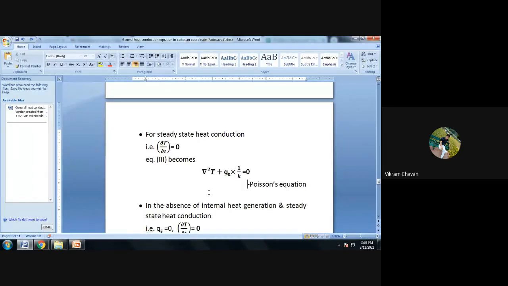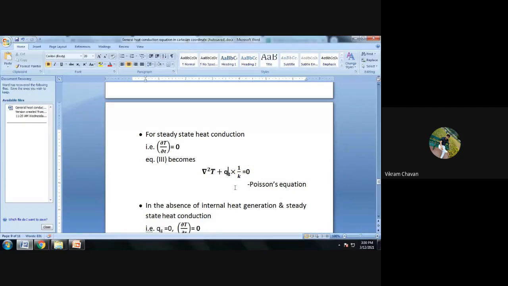del square T plus Qg divided by K, or you can write Qg multiplied by 1 upon K. Here I cannot use the suffix in the equation format, so I am using multiply.